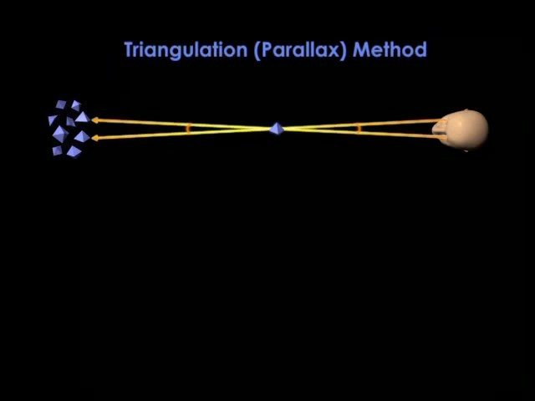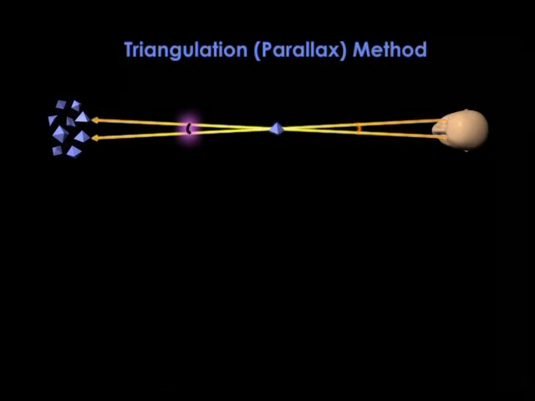Of course, our brains automatically use the difference between the images of the left and right eye to intuit the object's distance. But we want a more general method that works for any 2 viewpoints. Now, the amount of jump is given by this angle, which is, of course, the same as this apex angle.